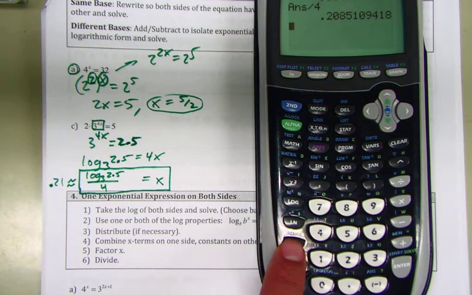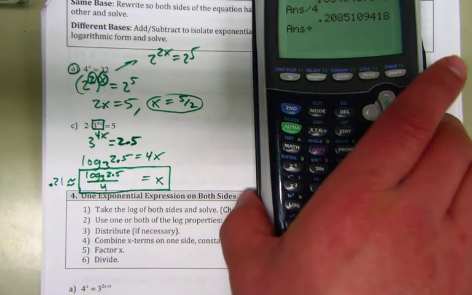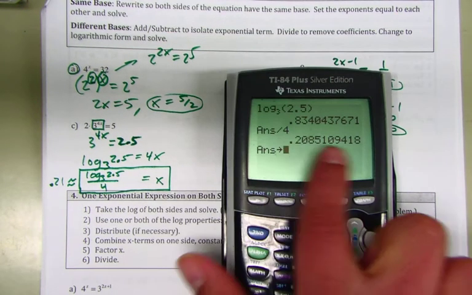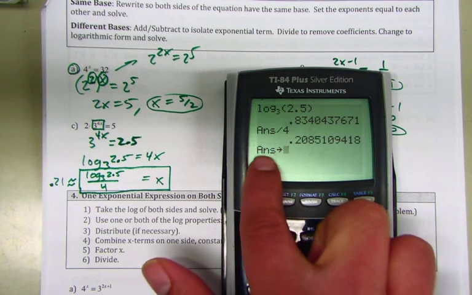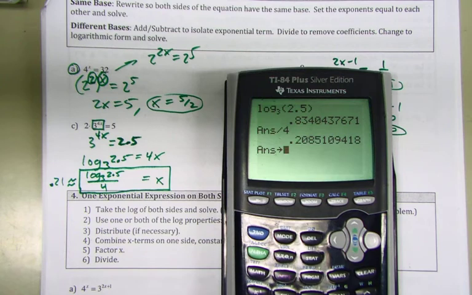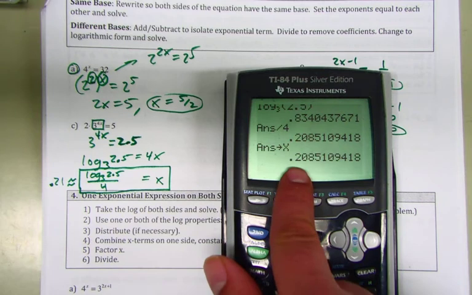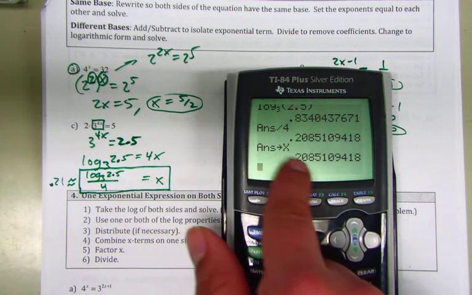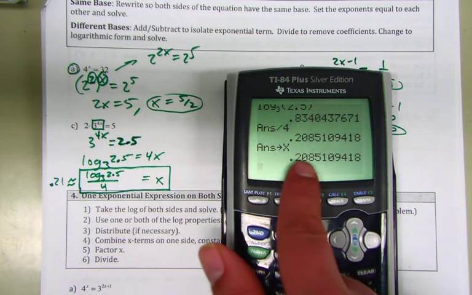That stands for store. If you take your answer and press store, this little thing pops up. It's asking you, what do you want me to do with this answer? You're going to tell it, let's make that X. If you hit enter, it just gives you the same decimals again, but now it's registered that X and this decimal are the same value.